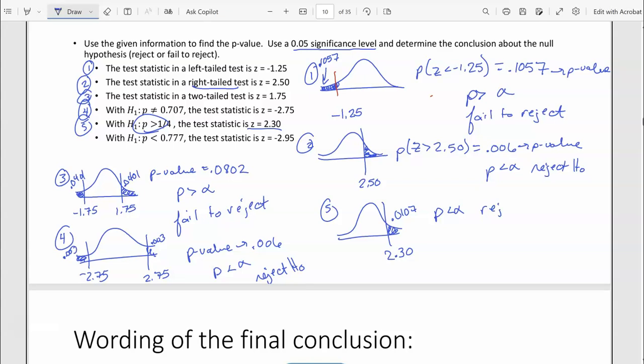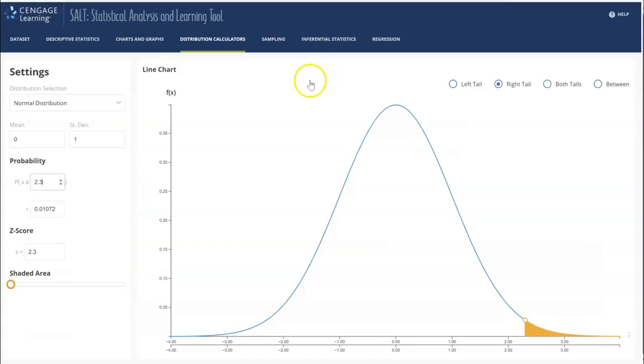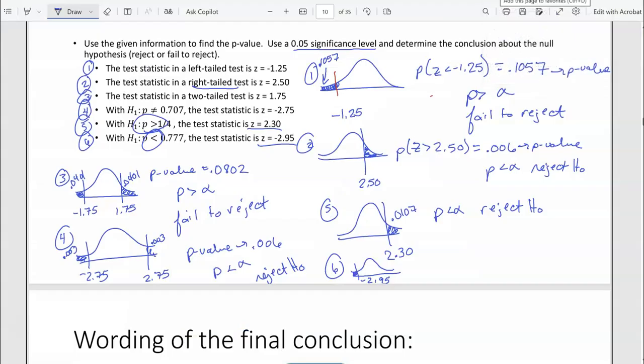We reject. And then 6. This is a left-tailed test. So that test statistic is in the left tail. Here's negative 2.95. Find that area. Left tail, negative 2.95, I get 0.0016. P is less than alpha, so we are going to reject.